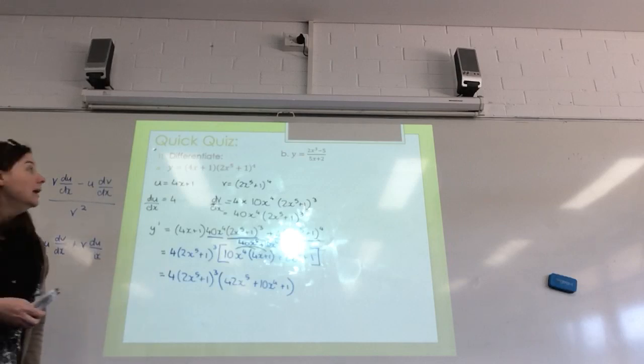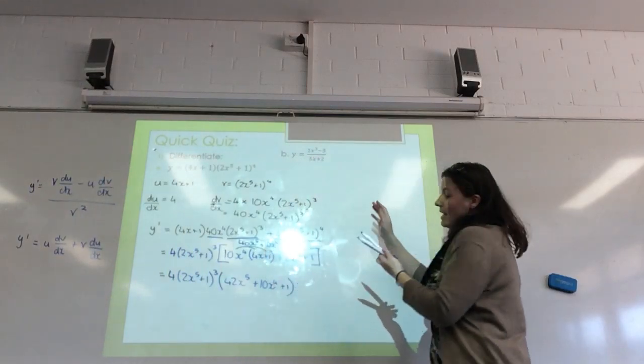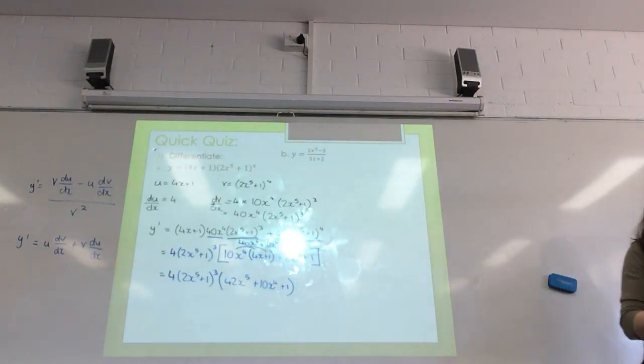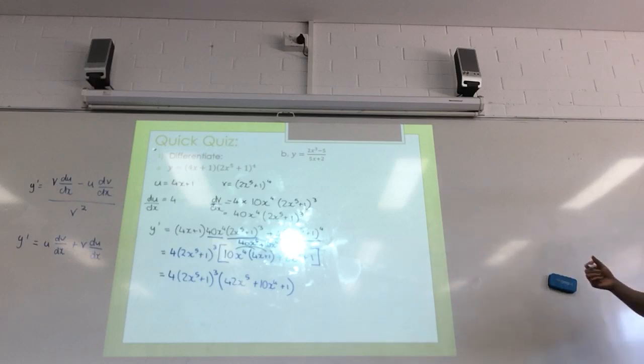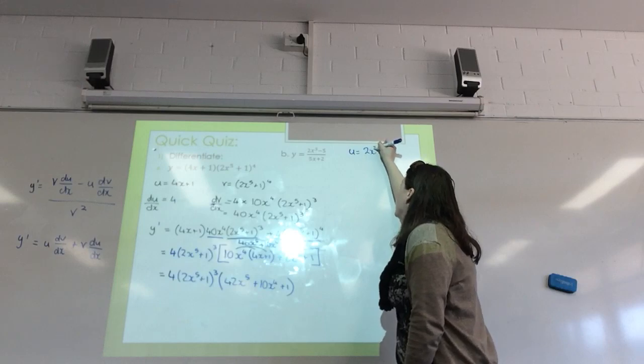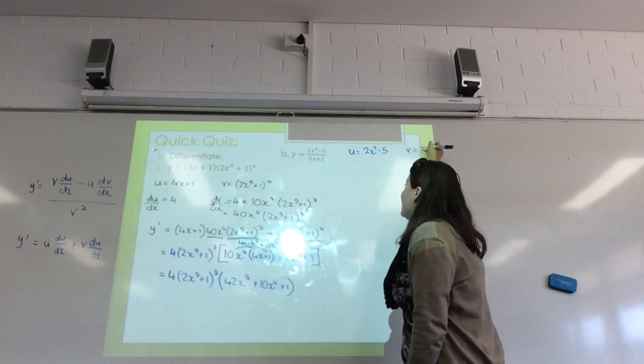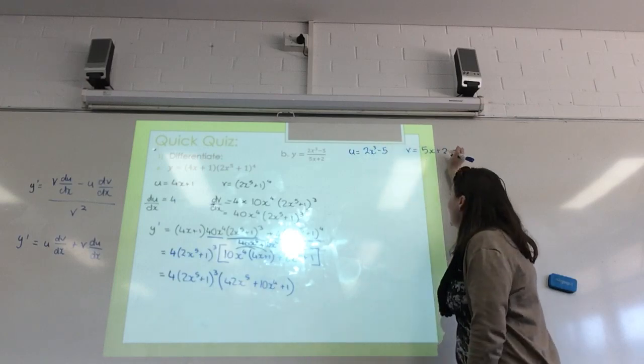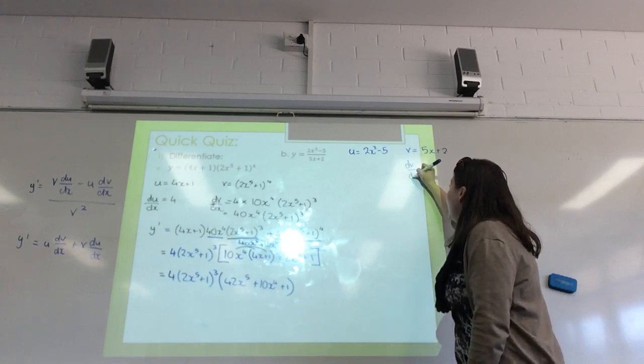Thanks. No worries. Okay, next one for B. How are you going to differentiate this one? Okay, it's a quotient rule, so you need to start by identifying your u, identifying your v. This one's quite nice. And then differentiating.